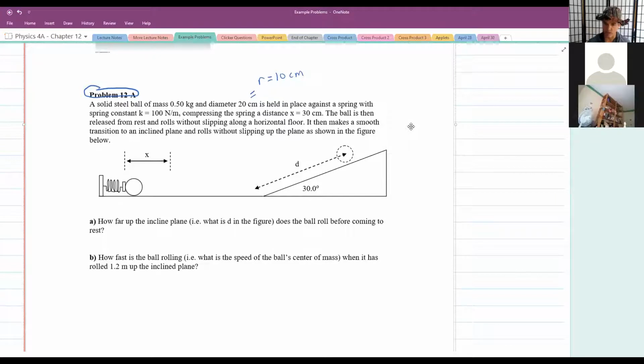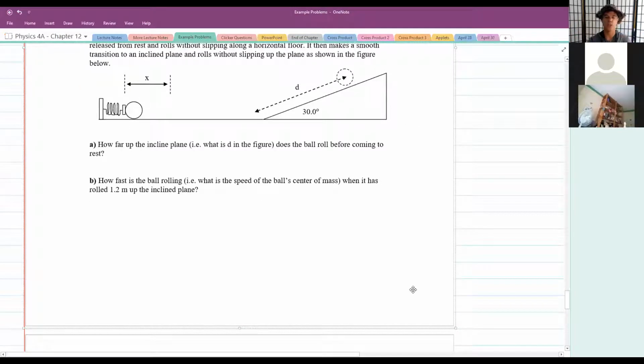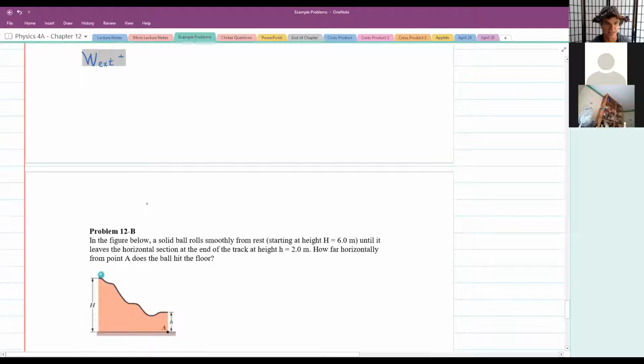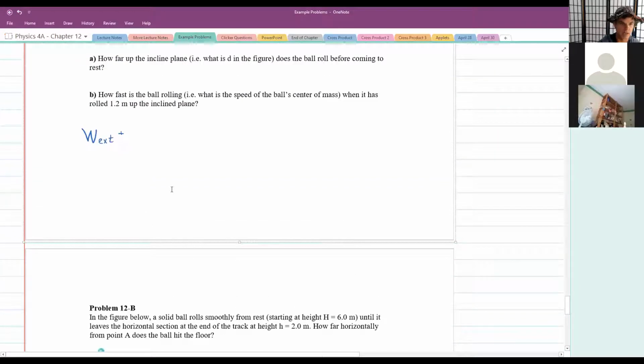So keep in mind, just to remind you, what is our really big giant energy equation? It was the work done by all external forces plus my initial kinetic energy, plus my initial gravitational potential energy, plus my initial elastic potential energy equals my final kinetic energy, plus my final gravitational potential, plus my final elastic or spring potential, plus any change in thermal energy.